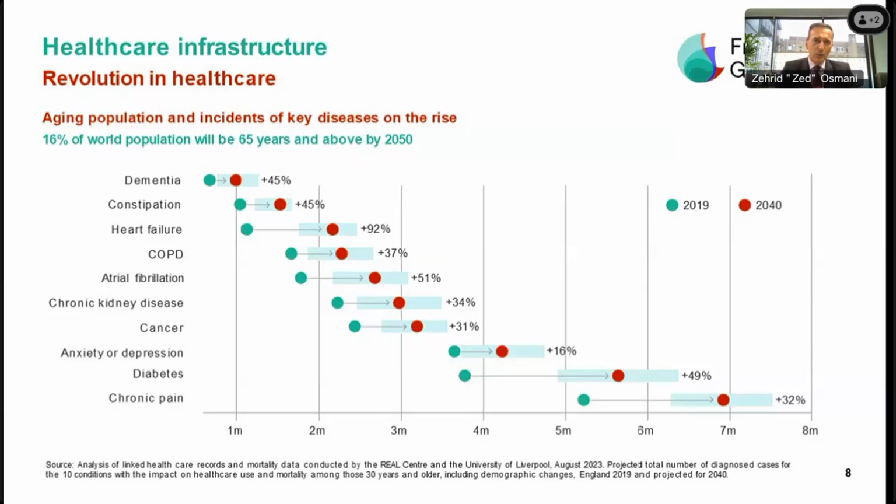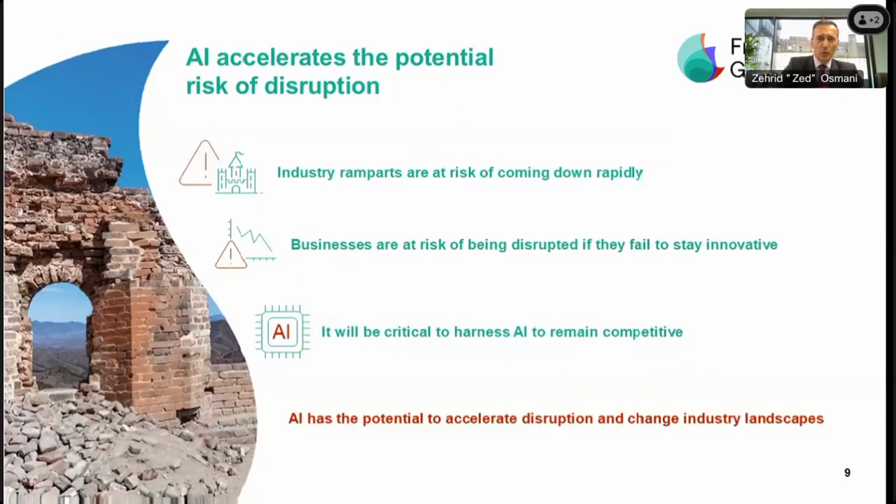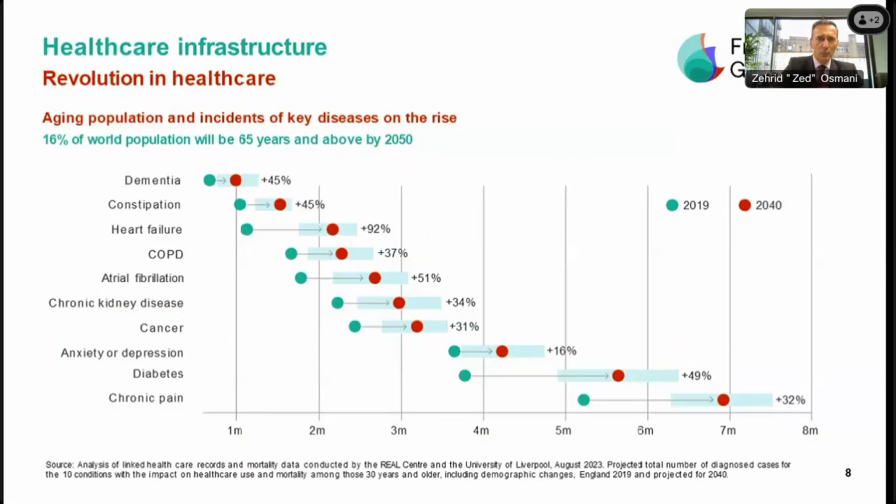So you can see how all these disease increases are significant, which really highlights the need for spending more on healthcare infrastructure. We don't have a chart here on healthcare infrastructure, but we're predicting the healthcare spend to increase steadily at 5% per annum over the next 15 years, which creates that supportive investment backdrop in the healthcare infrastructure.